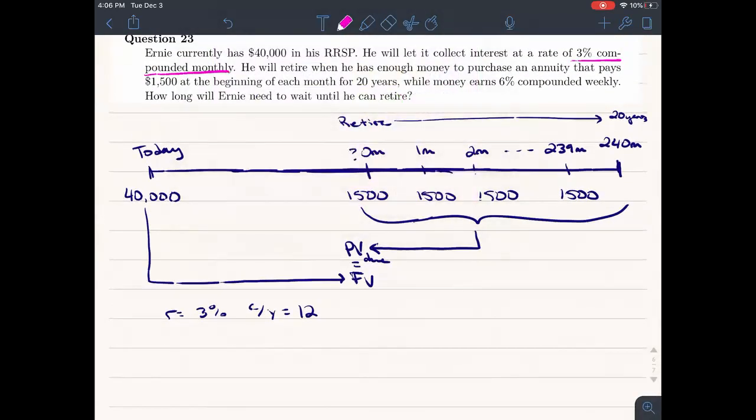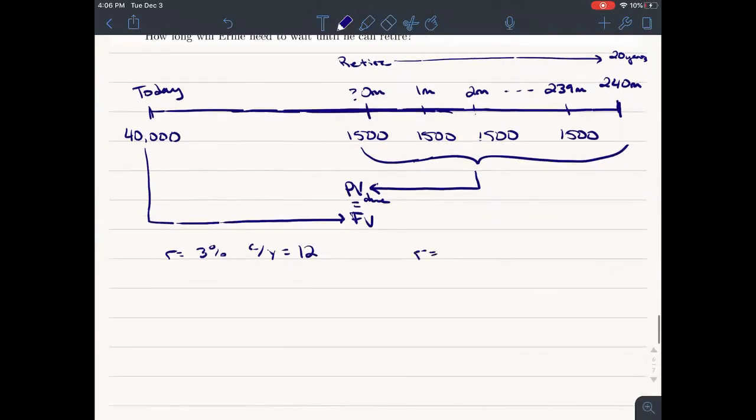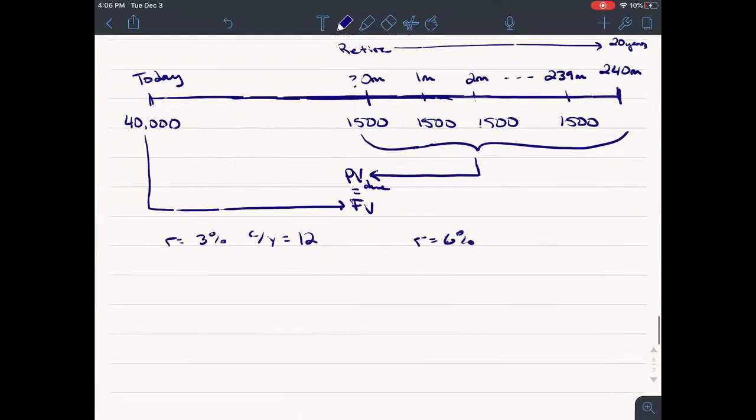Whereas in the second section, he will retire when he has enough, while money earns 6% compounded weekly. So then for this section, R is 6%, and our compoundings per year are 52.